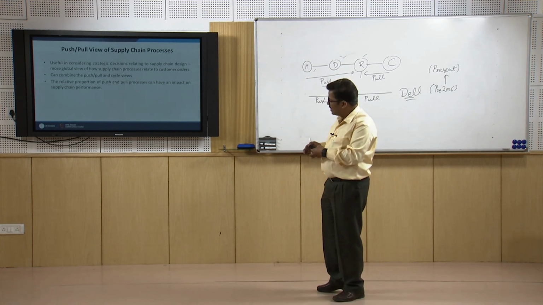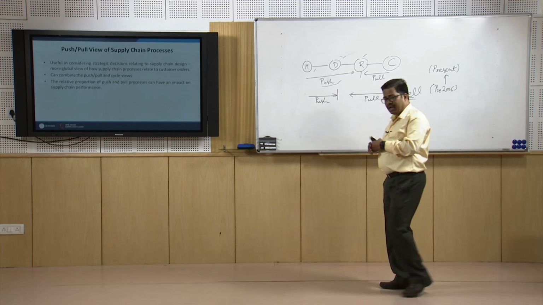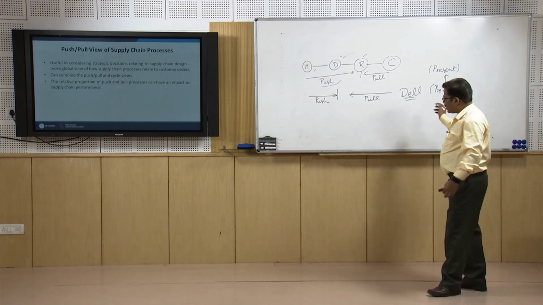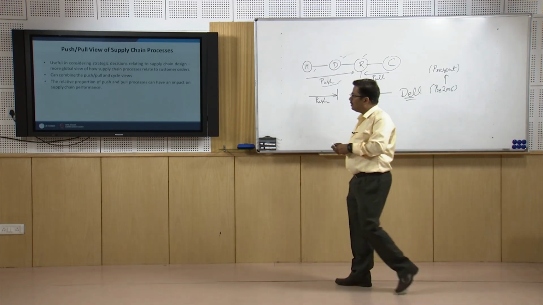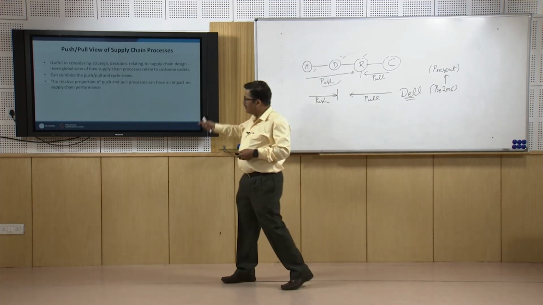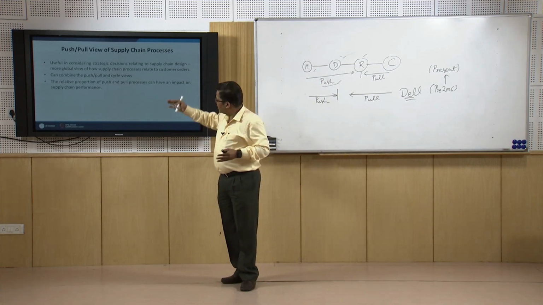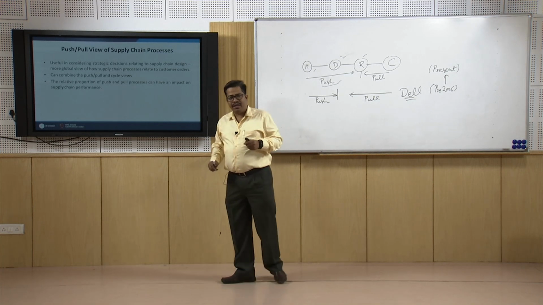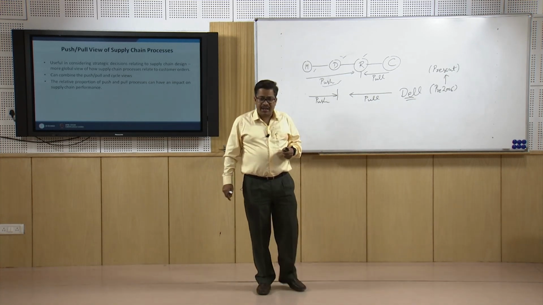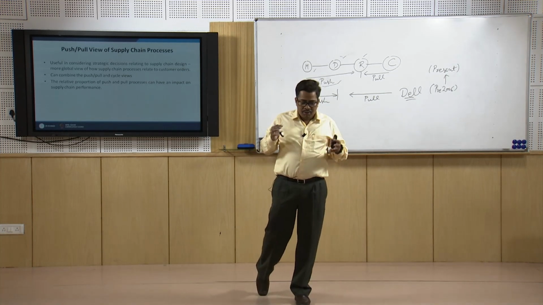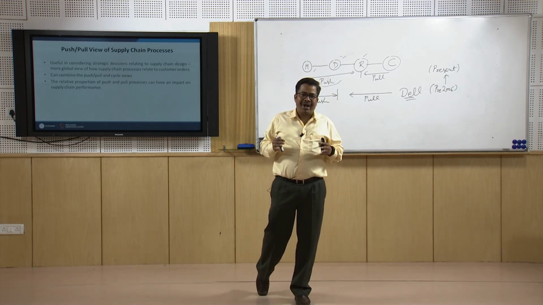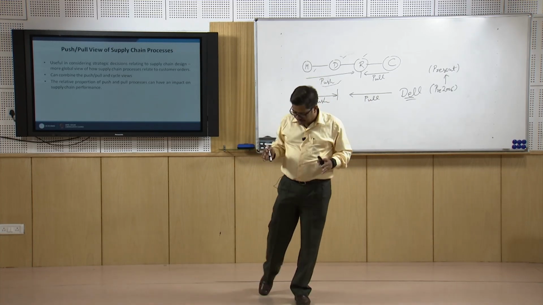Another important part of the push and pull processes, as we have just discussed and as is further written in these slides, is that it also gives you an idea of who is going to share the maximum risk in your entire supply chain.